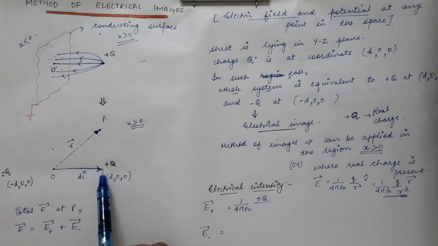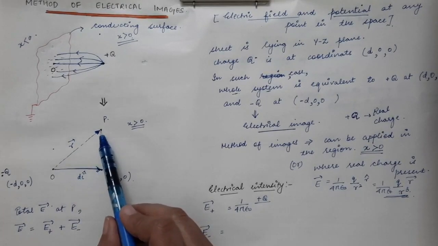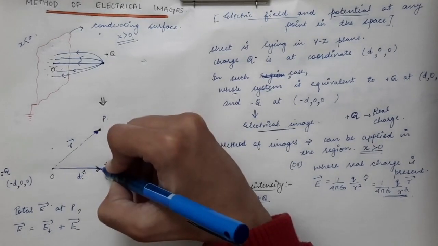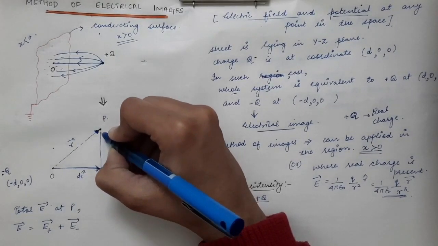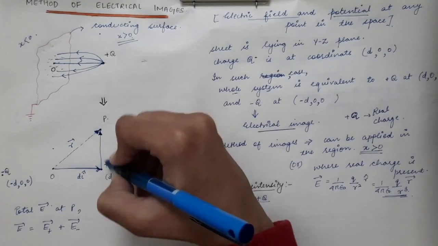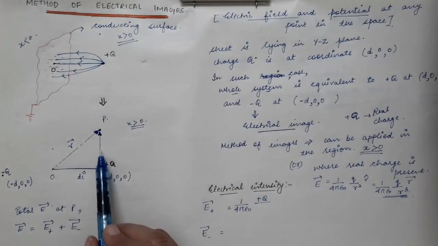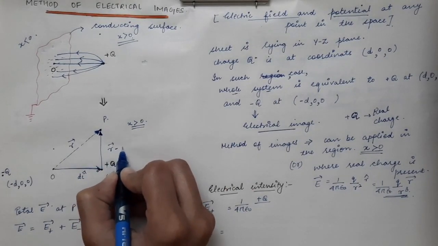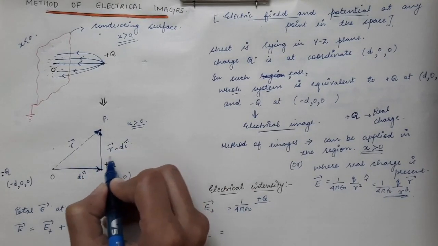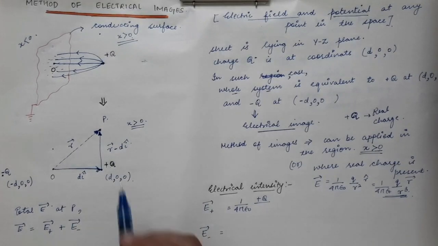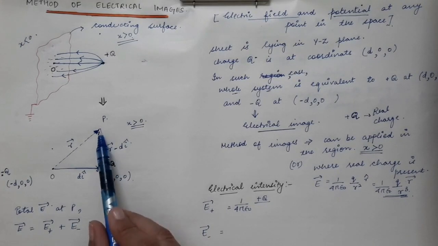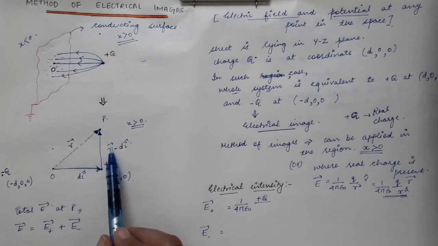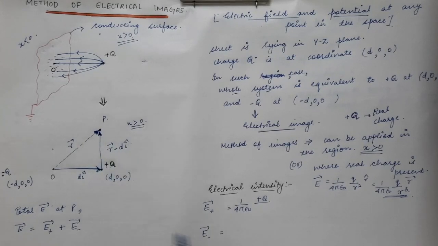What is the vector from the source charge to the observation point? This is r vector, and this is d i cap vector. Using the triangle law of vector addition, the vector from the source charge to the observation point will be r vector minus d i cap.